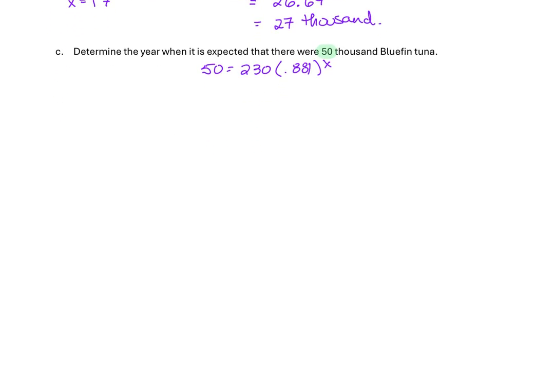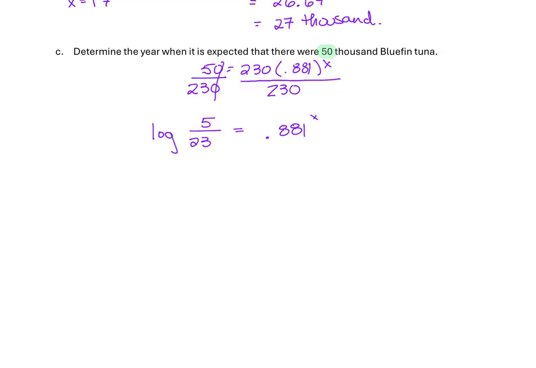Now we're going to use the techniques that we've been working on. The first thing we want to do is isolate our exponential, so we divide by 230. I'm going to simplify that a little bit and make this 5 over 23, which is equal to 0.881 raised to the x.